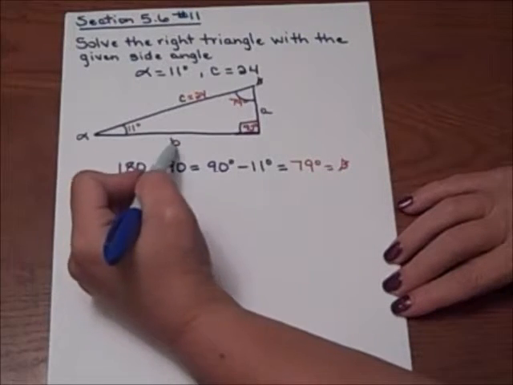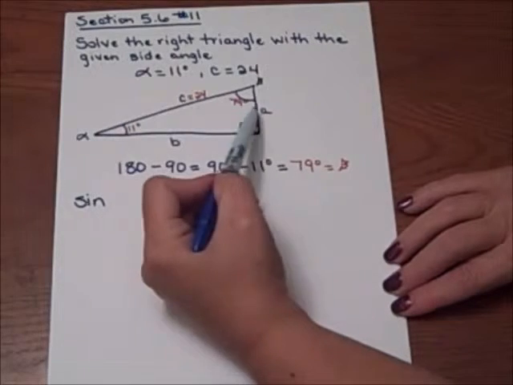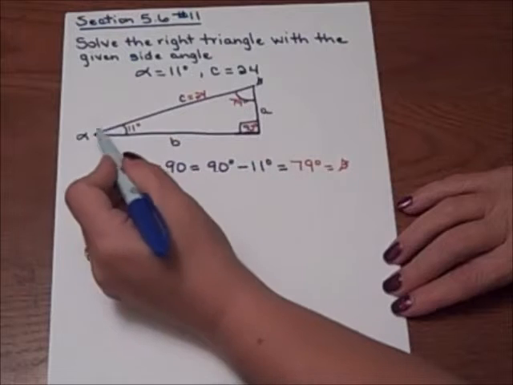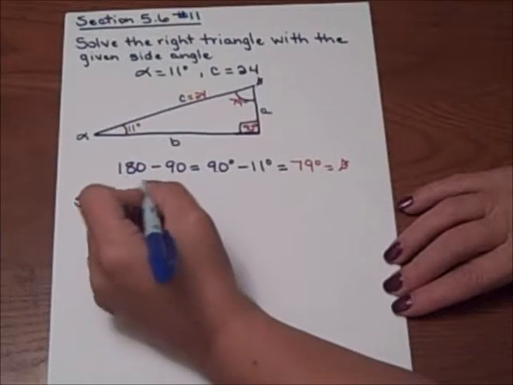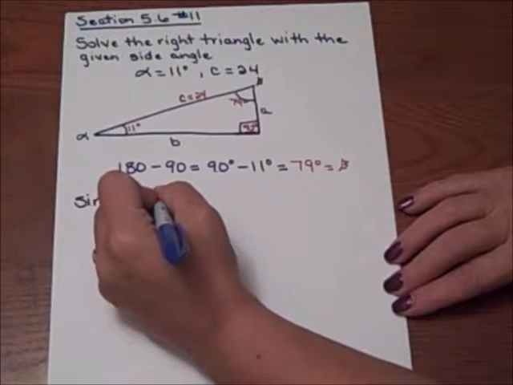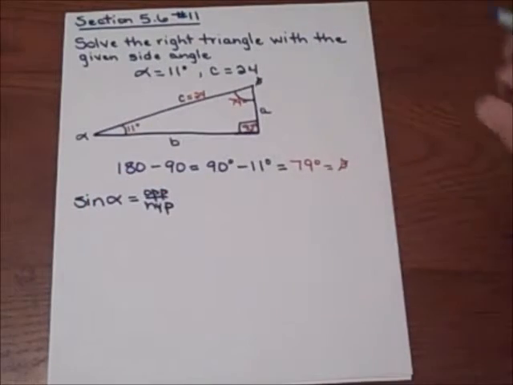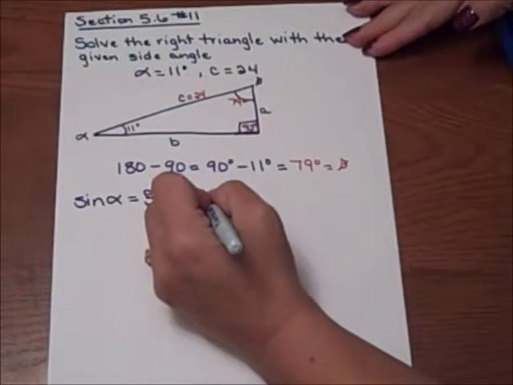So first of all, we're going to find the sine of alpha, which is A. We're looking for A, so we're going to use the sine of alpha, which is the opposite of A. So sine of alpha is opposite over hypotenuse. And then I'm just going to insert what I know.